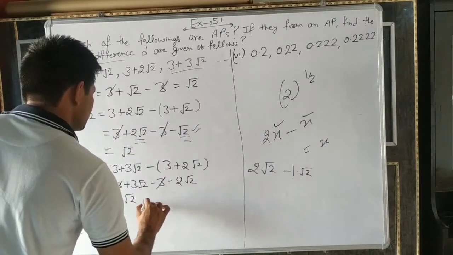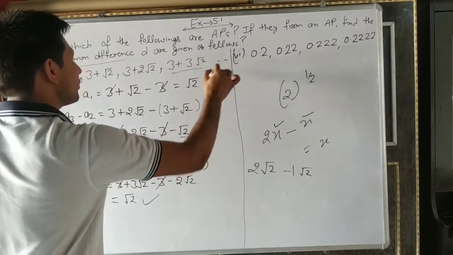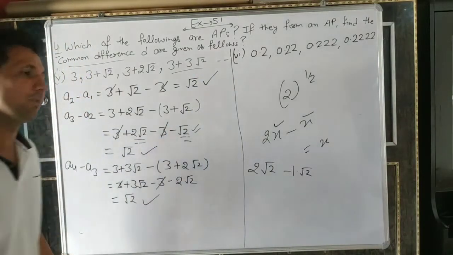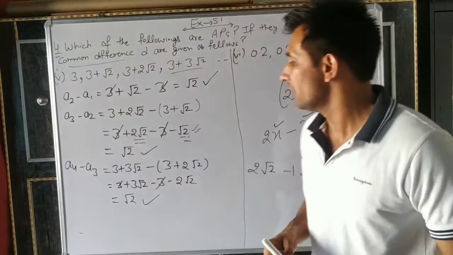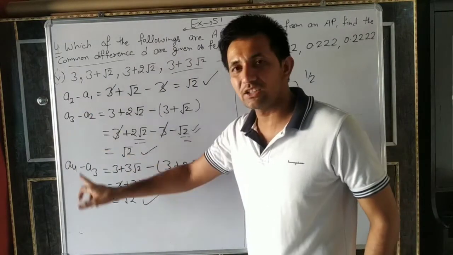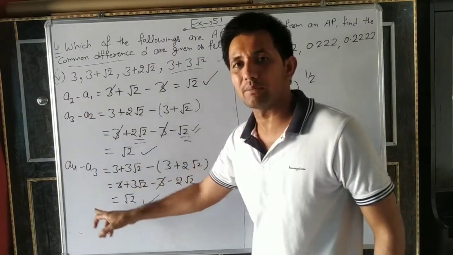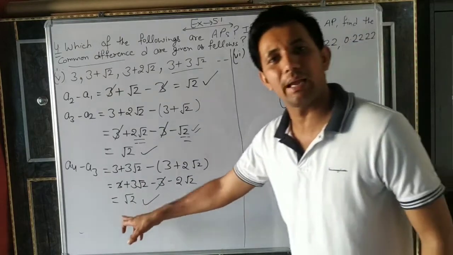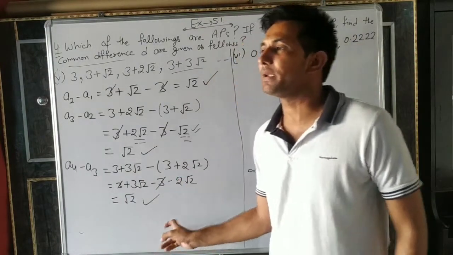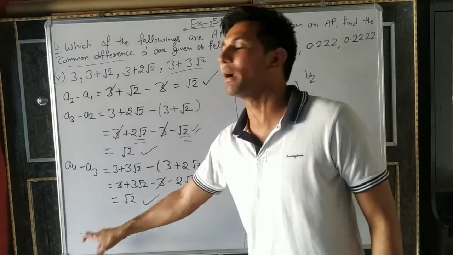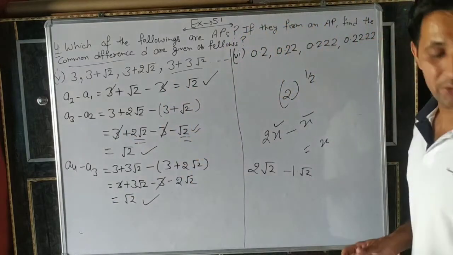So same as before, it is root 2, root 2, root 2. You will write like the previous question: the difference of two consecutive terms is every time the same, therefore it is an AP. Then in the last line you will write the common difference is root 2.